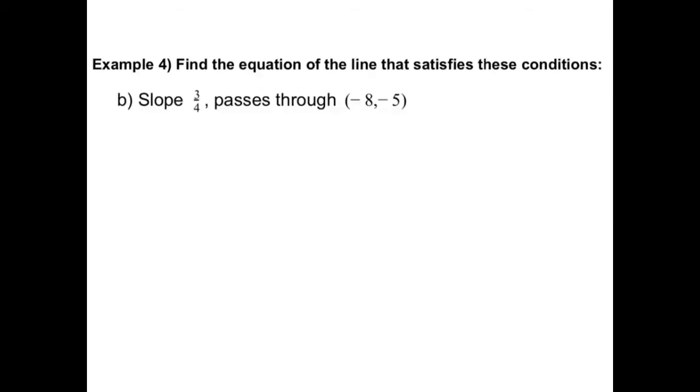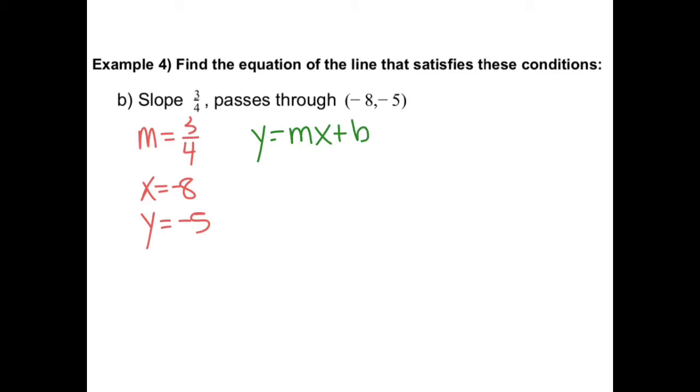So in this problem, we are once again given the slope. So slope, or m, equals 3/4, and we are given a point. So that means I know my x and my y value, and I can plug them in to y equals mx plus b in the y, m, and x spaces, and then I will end up solving for b and using that in my final equation.